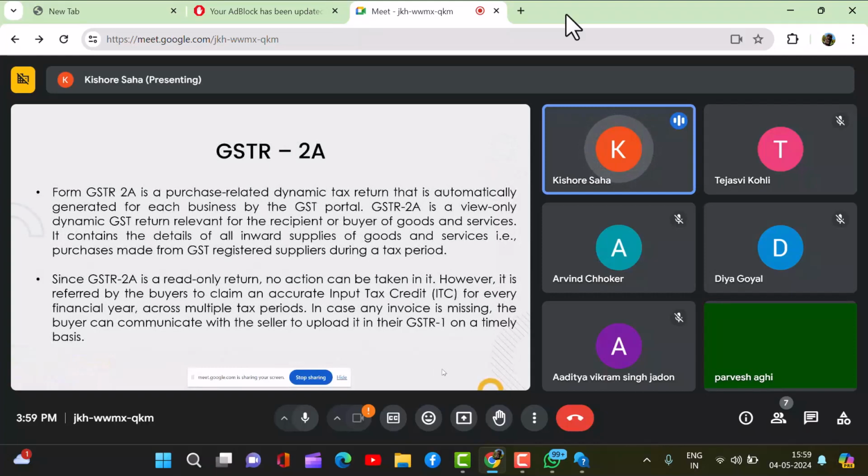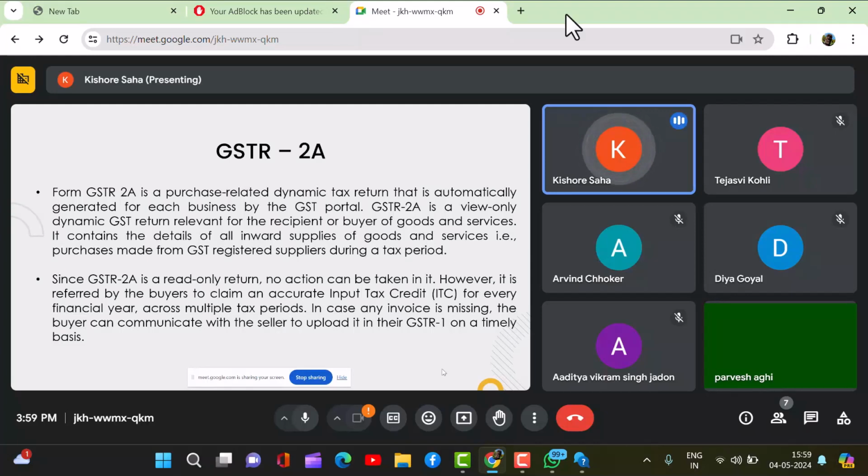Then comes GSTR 2A. Form GSTR 2A is a purchase-related dynamic tax return that is auto-generated for each business by the GST portal. GSTR 2A is a view-only dynamic GST return. All the outward supplies entered by all the sellers and suppliers appear in it.